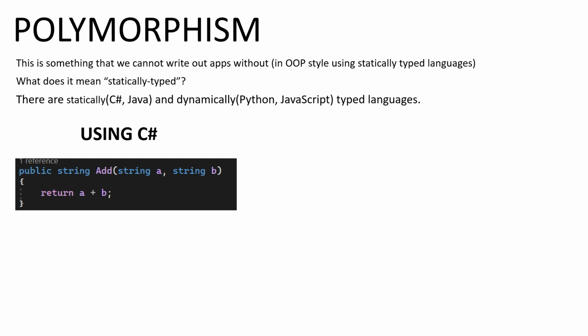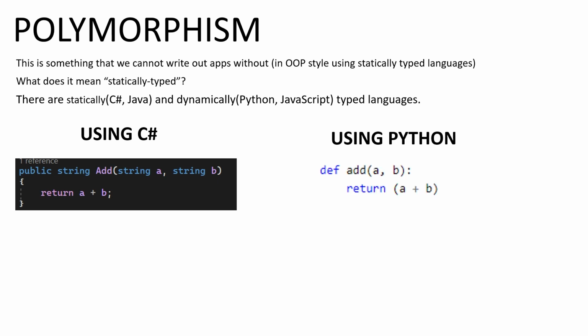As you can see, a sign of a statically typed language is that before the parameters that we're passing to the method, or for the return type, we're actually saying what we should get, right? So we know that the parameter A should be of type string and the parameter B should be of type string as well.